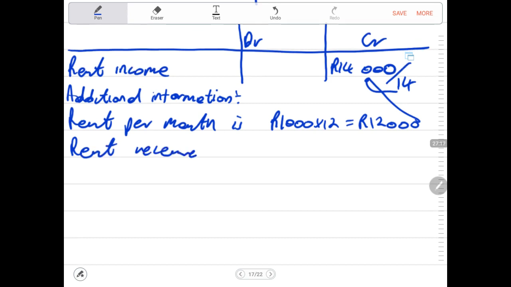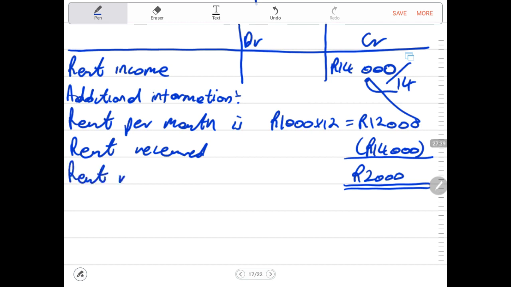Rent received is 14,000 rands. But the rent that is supposed to be received is 12,000 rands. We can say that we received more rent than we're supposed to have received. So now the 2,000 will be rent received in advance, or income received in advance.